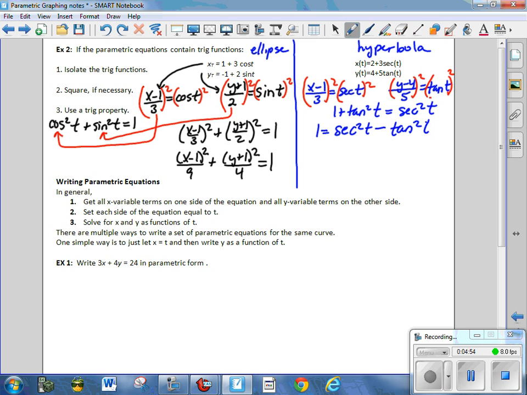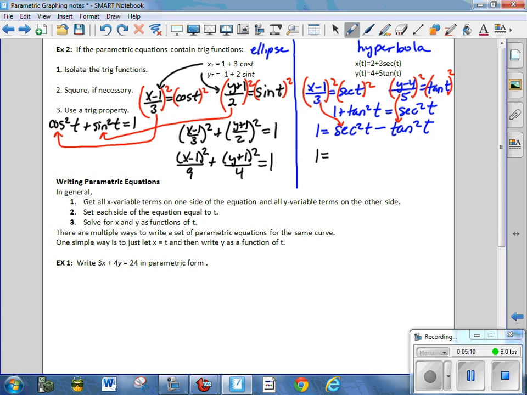So now what I'm going to do is substitute the (y minus 4 over 5) squared in for tangent squared of t, and the (x minus 1 over 3) squared in for secant squared of t, and I'll have the equation of a hyperbola because we're subtracting now.